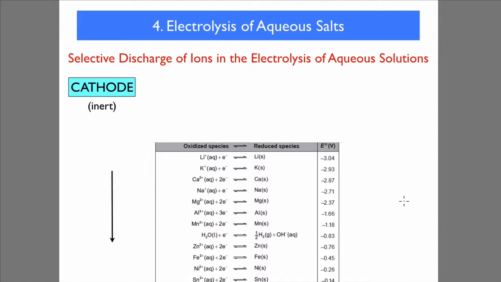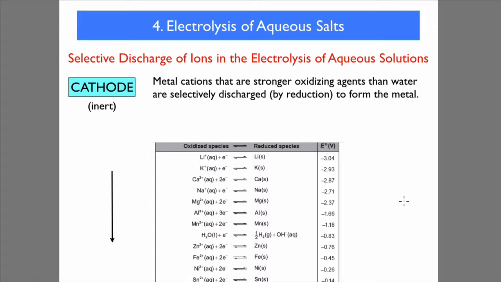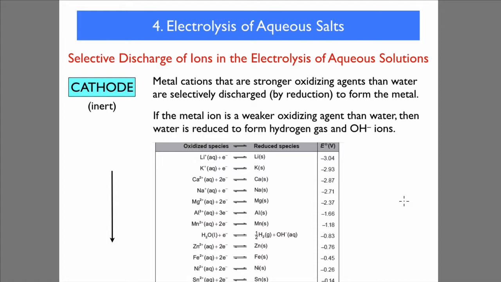Electrolysis of aqueous salts. Selective discharge of ions in the electrolysis of aqueous solutions. Metal cations that are stronger oxidizing agents than water are selectively discharged by reduction to form the metal. But if the metal ion is a weaker oxidizing agent than water, then water is reduced to form hydrogen gas and OH minus ions. So if you have a look at the reactivity series on our table, the weaker oxidizing agents are at the top and the stronger oxidizing agents are further down.